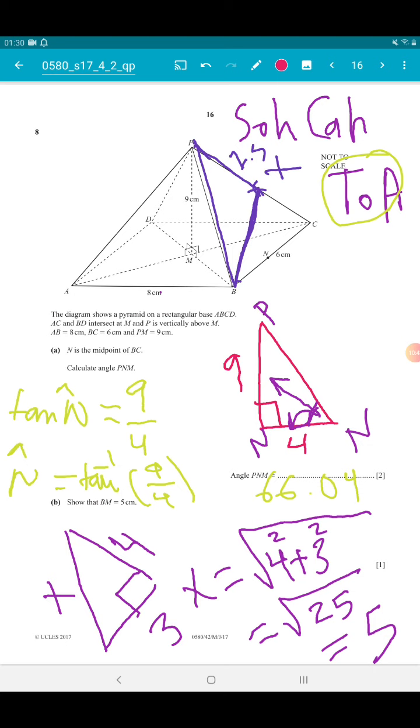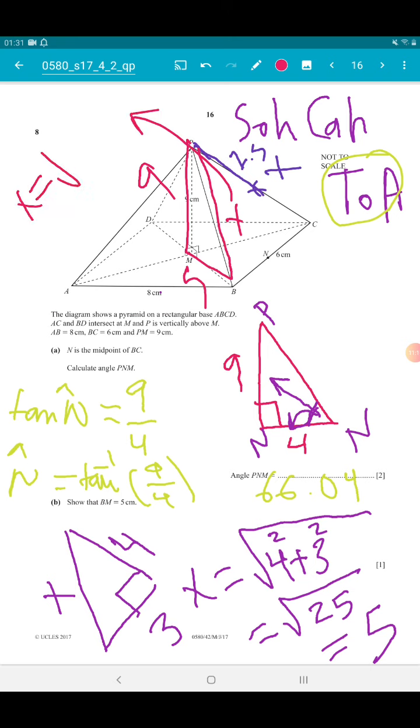Go back to the diagram. Where's PB? This is PB. It exists on this triangle, which is a right angle triangle. So simply you can find PB, with 9 and 5, using the Pythagoras theorem.